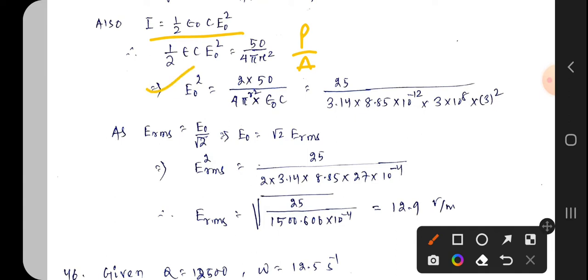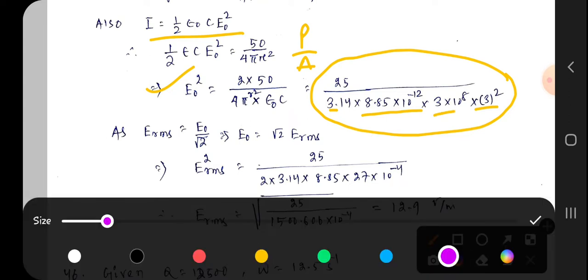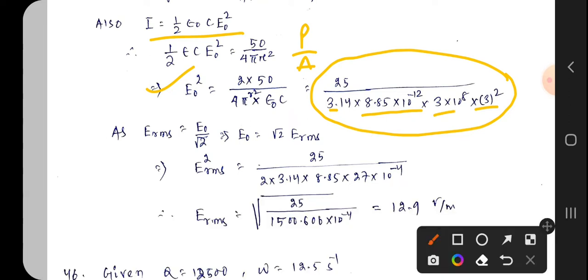Just solve for E naught square. E naught is the magnitude of the electric field vector. So E naught square equals this one, and by calculation we simply put the values: 4, pi is 3.14, r square is 3 square, epsilon naught is 8.85 into 10 to the power minus 12, and c is the velocity of light. Now, we know the RMS value equals E naught by root 2.